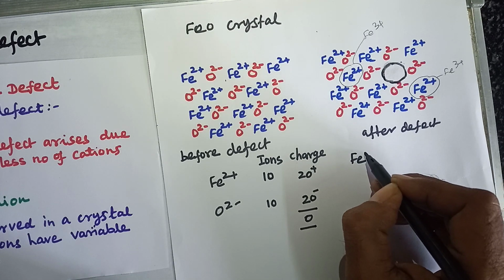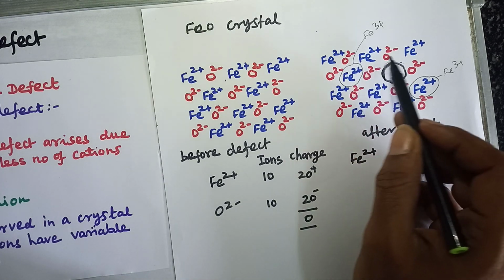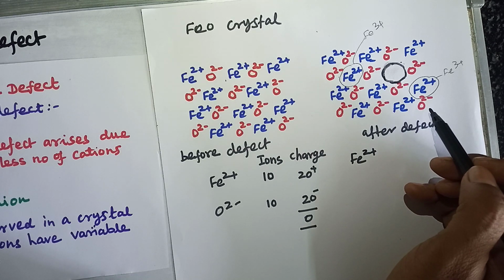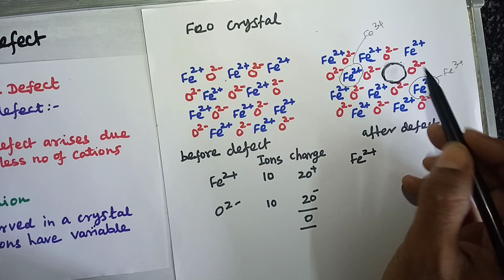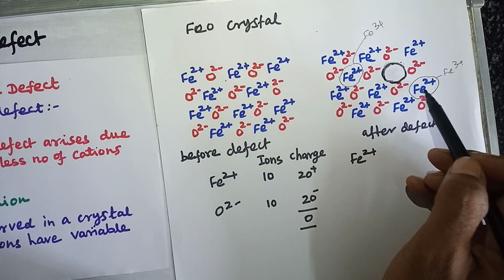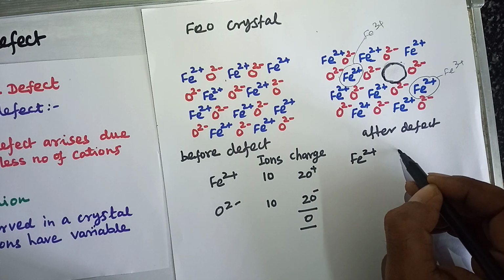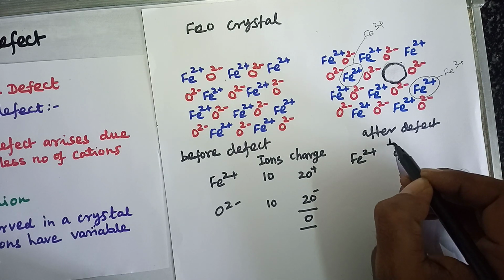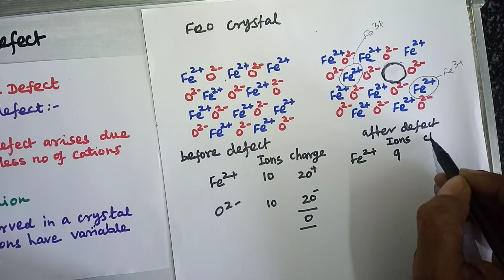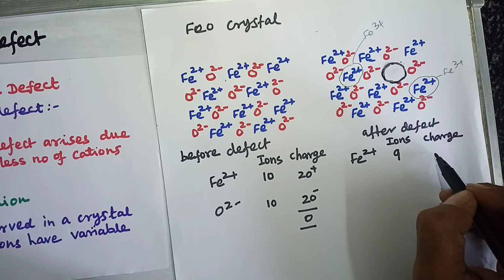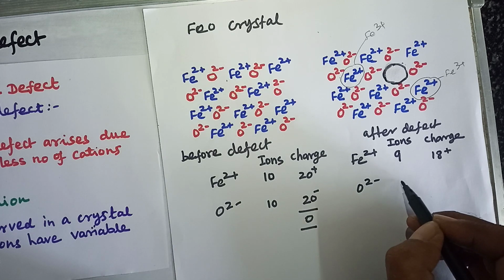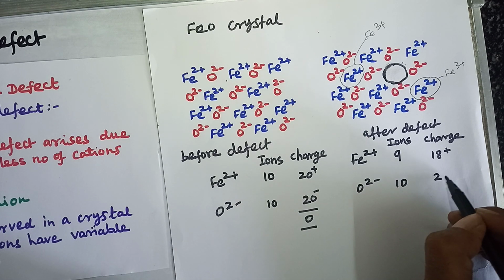Fe2+ ions: 1, 2, 3, 4, 5, 6, 7, 8, 9. Here there are 9 Fe2+ ions, so the charge is 18 plus, and there are 10 O2- ions, so the charge is 20 minus.